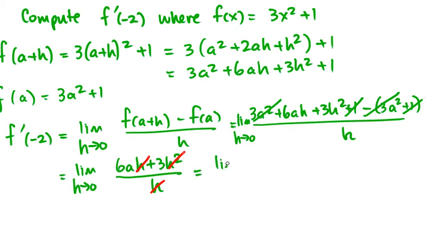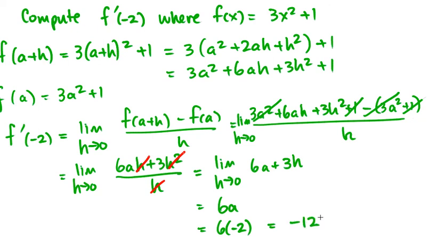You get the limit as h approaches 0 of 6a plus 3h. Applying the limit, you get 6a. And we know that a is negative 2. So I get my solution for f prime of negative 2 as negative 12.